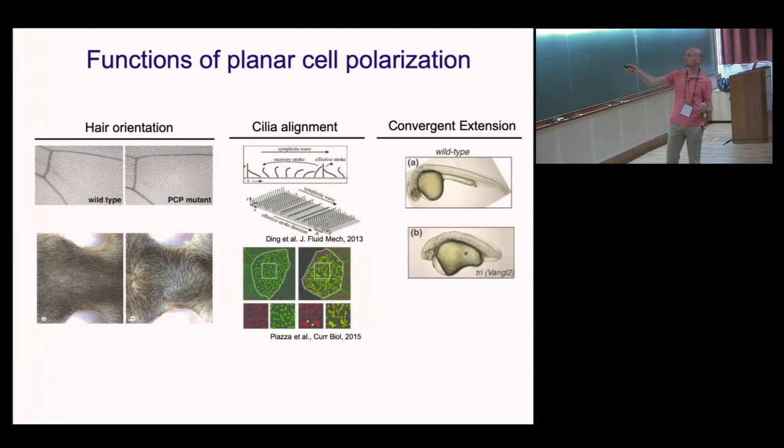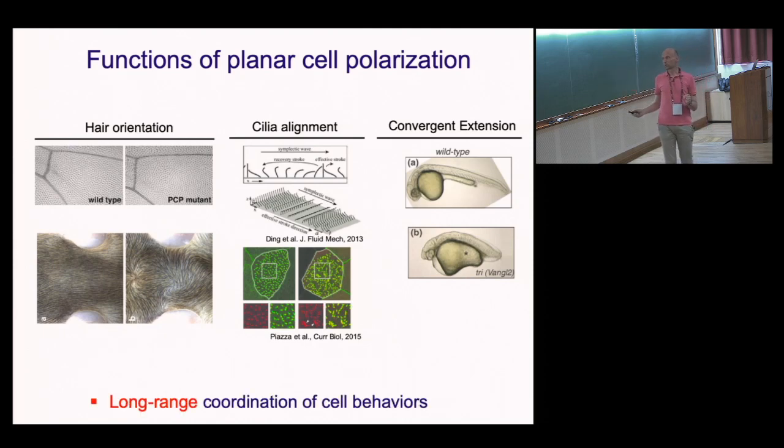This here is a zebrafish in which the PCP has been disrupted, and the tail of this animal is short, simply because the cells can't intercalate, and therefore axis elongation is basically stunted. So, long story short, the planar cell polarization of cells in the plane of the tissue is very important for the long-range coordination of cell behaviors.